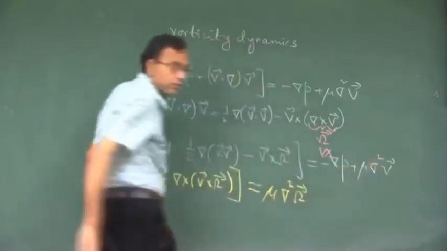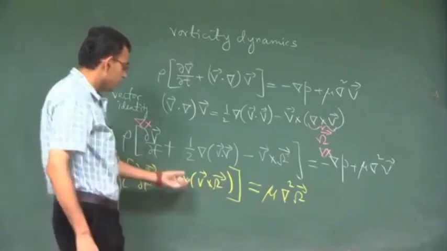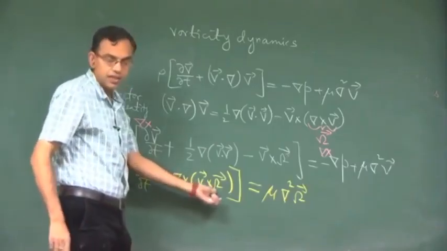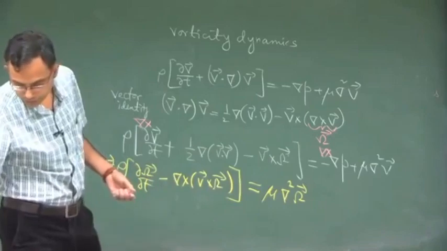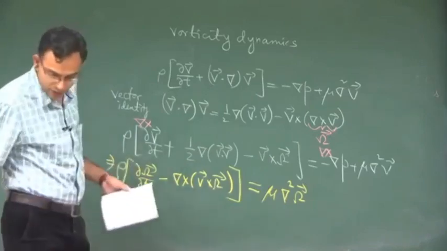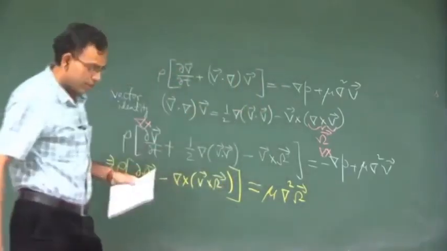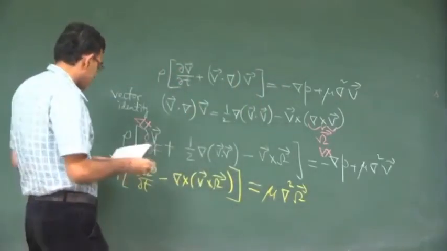here curl of V will become vorticity. Now, we will use a vector identity for this. So, I will write this vector identity from my notes. It is very difficult to remember this, never encourage your students to remember such long vector identities.